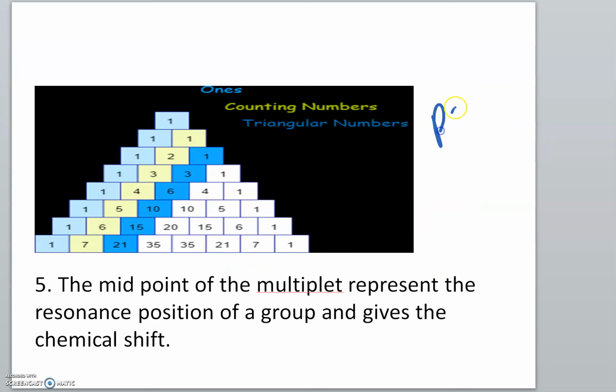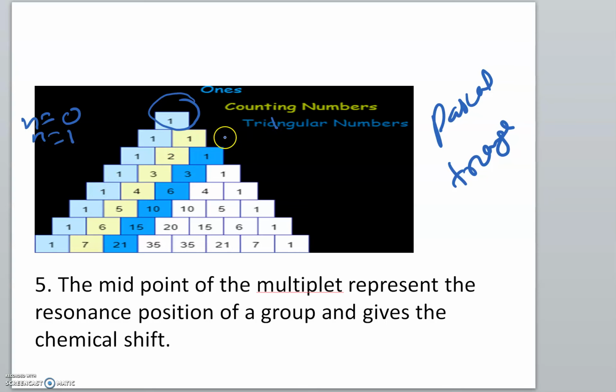We already studied Pascal's triangle. That is, if n is equal to 0, then we get only one line with intensity 1. If n is equal to 1, then the line splits into 2, that is, we get a doublet with line intensities 1:1.